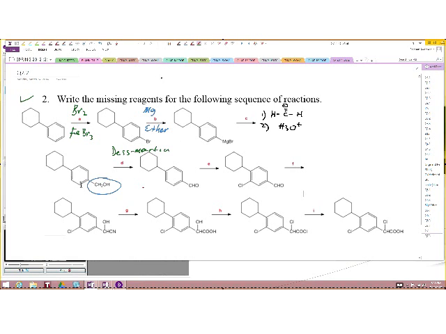Keep that in mind. What other reagent can we use here? PCC. So Dess-Martin or PCC, each one of those will transform a primary alcohol to an aldehyde.